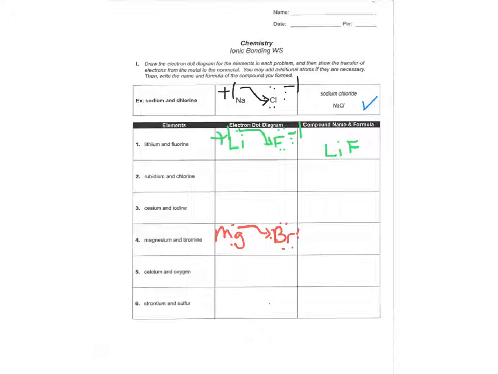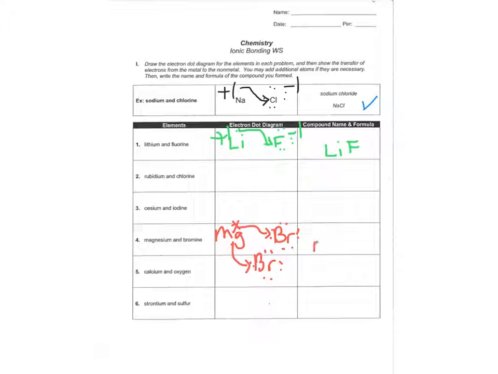So once it gives up that 1 valence electron, it still has 1 left. So there has to be another bromine that this other electron could go to. So each bromine should have 7 valence electrons when you do your Lewis dot. So that allows this one to donate to a second bromine.